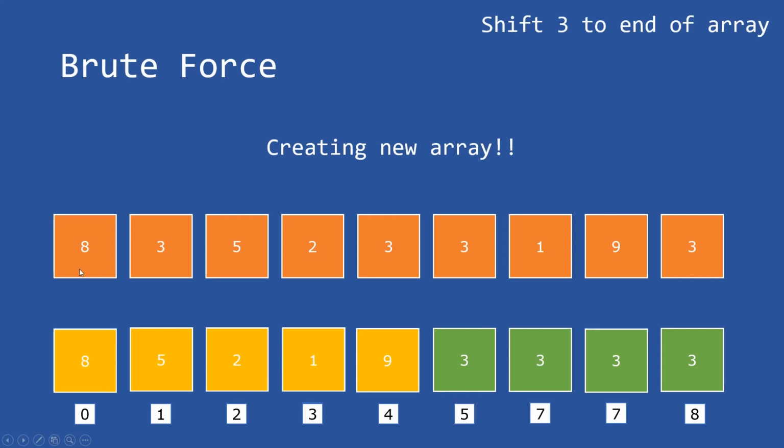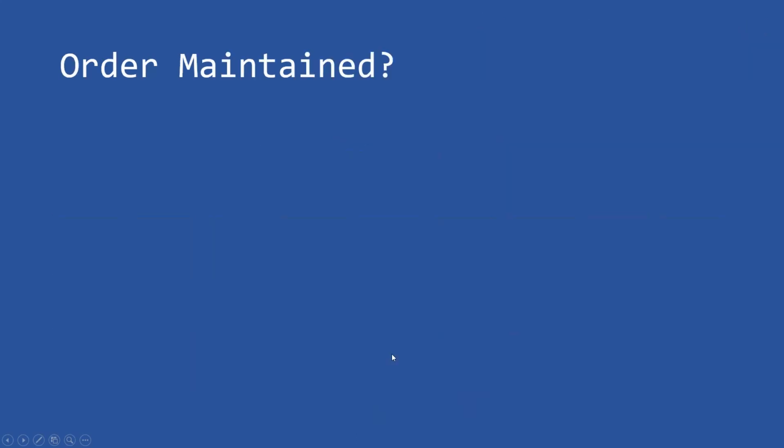And if you see more carefully, the relative order of the numbers that are not 3, that is 8, 5, 2, 1, 9, is maintained in this new array: 8, 5, 2, 1, 9. So if the interviewer asks, is this approach maintaining the order of the other numbers? The answer is yes, the order is maintained.